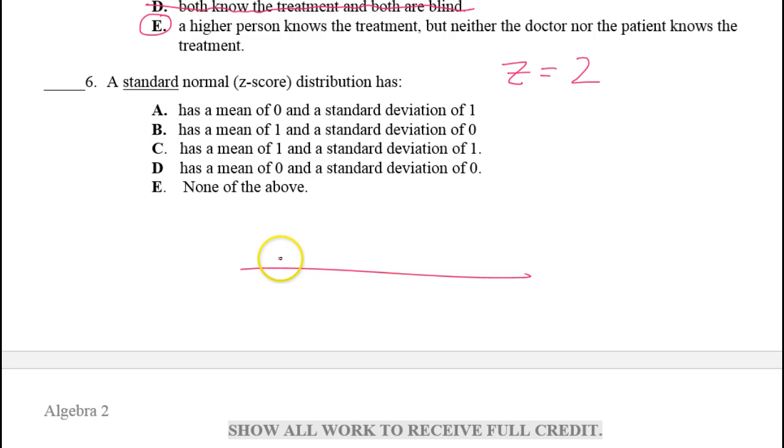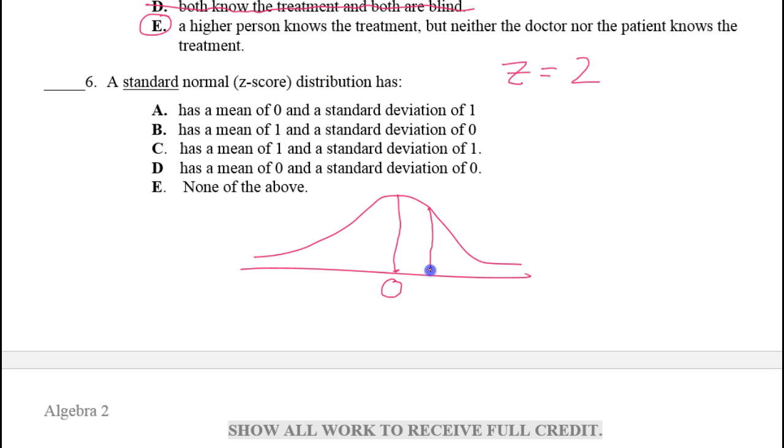So if you make a chart, a z-score distribution, okay, we'll put a line right down the middle. Now the mean is always going to be 0 for z-score because a positive z-score means you're above average, a negative z-score means you're below average, so the mean is always going to be 0 if it's a z-score distribution.